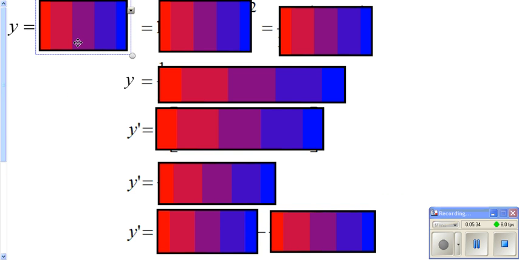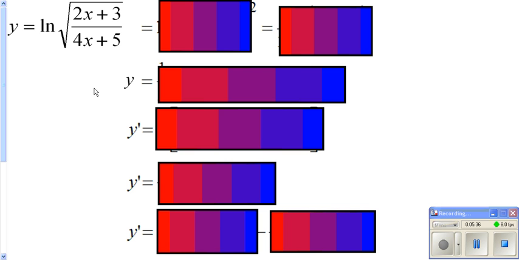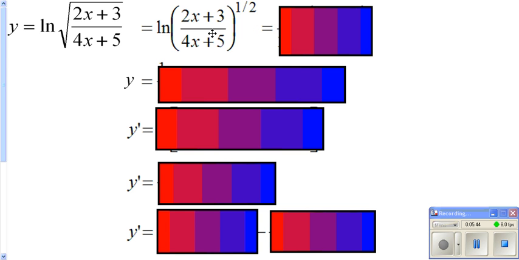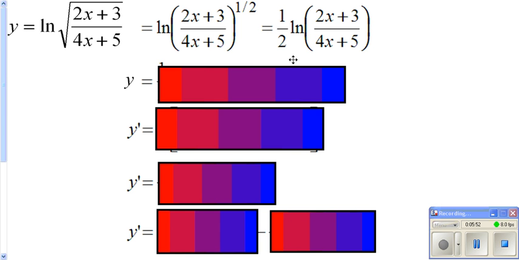Now we want to go ahead and take the derivative of this. For the most part, it's going to be easier to think about this right side using our properties of logarithms. We have a number after our log, so we're going to put it down in front.